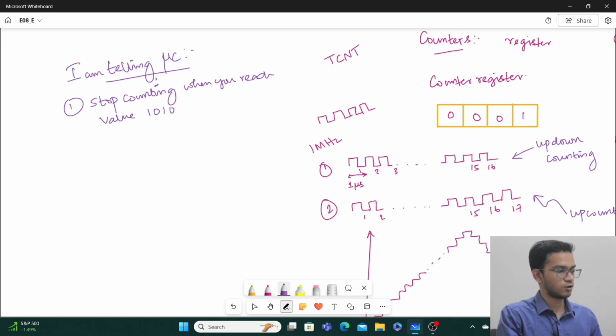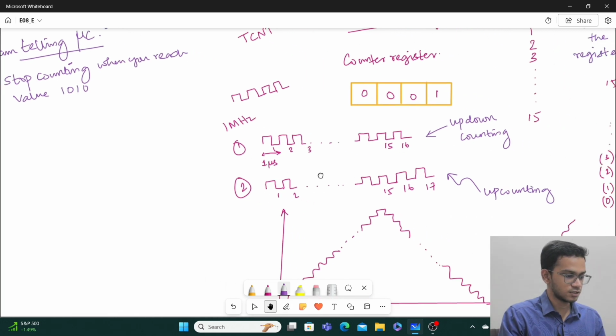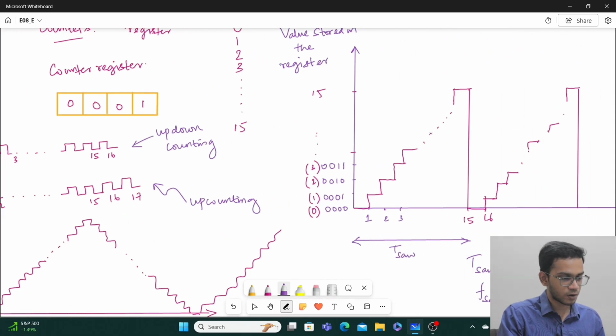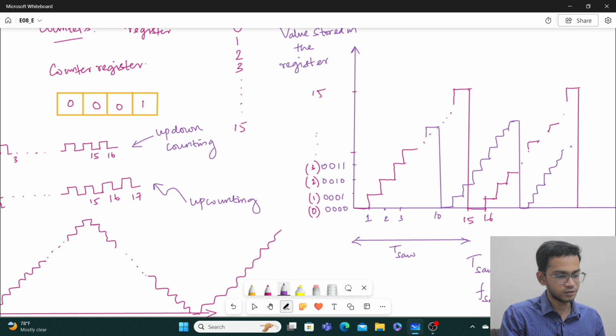So my microcontroller will stop counting at 10. So 10 may appear somewhere here roughly. Once it reaches 10, it will come back to 0, and then from 11 it will start counting like this. And again it will reach 10, it will come back, and from here it will start counting like this.